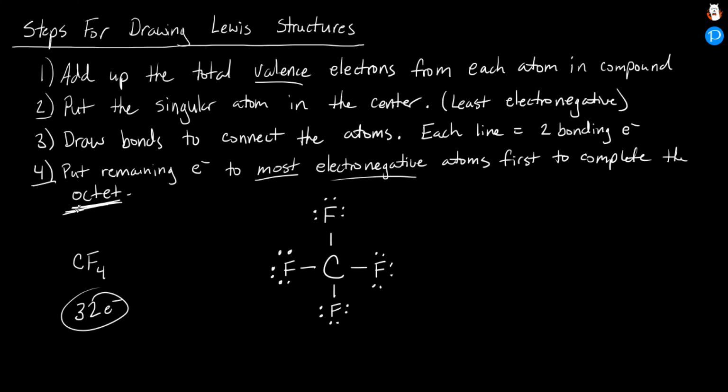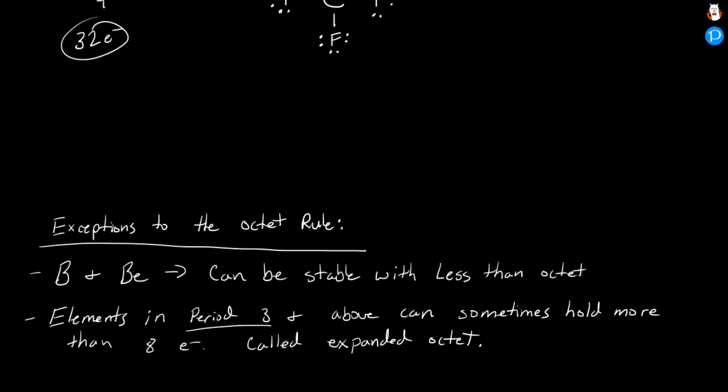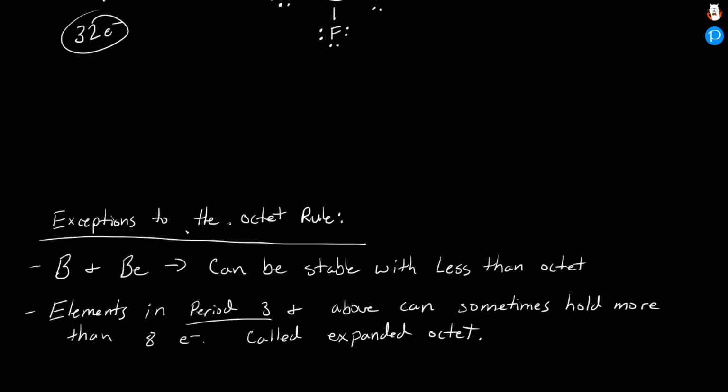Now, here's the thing about this octet rule. There are a few exceptions to this, as there's exceptions to everything that we do in here. Sometimes not all atoms will satisfy that octet rule, and that's okay. So here are our exceptions to that rule. Boron and beryllium can be stable with less than an octet.